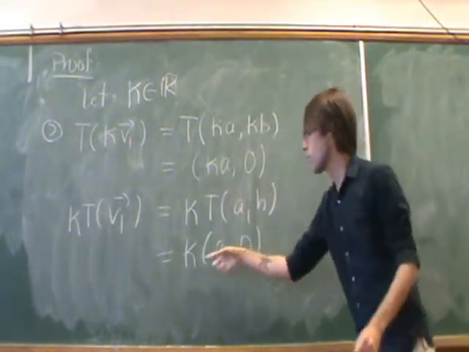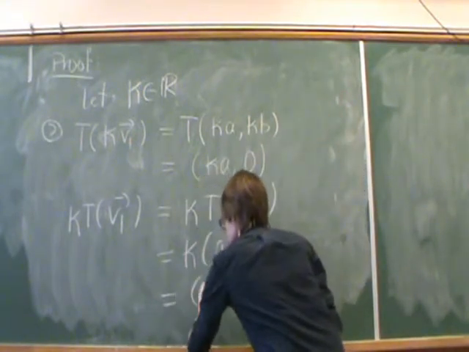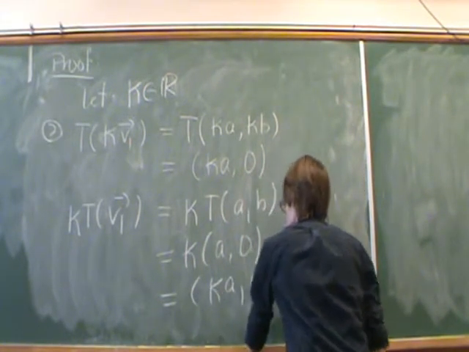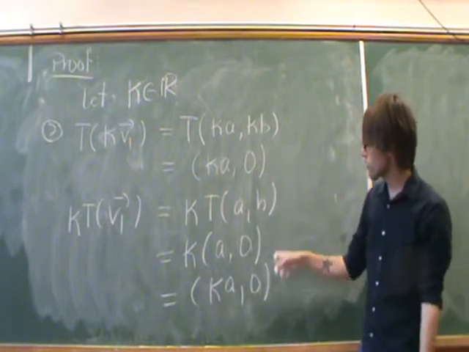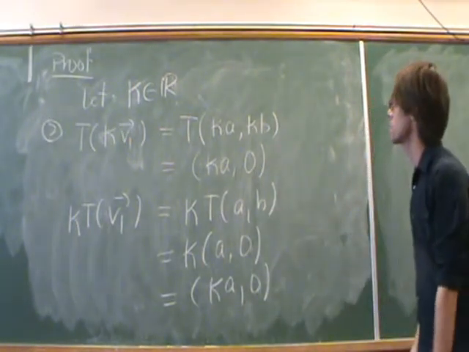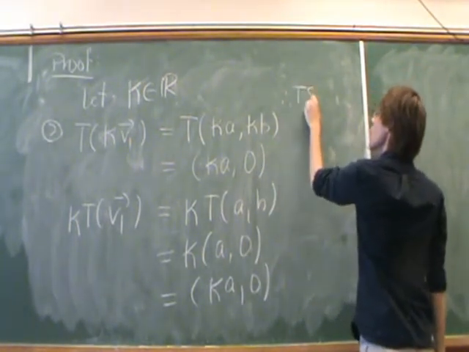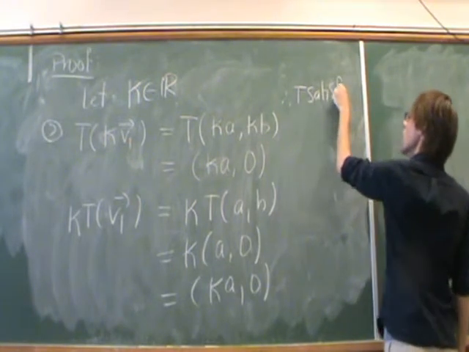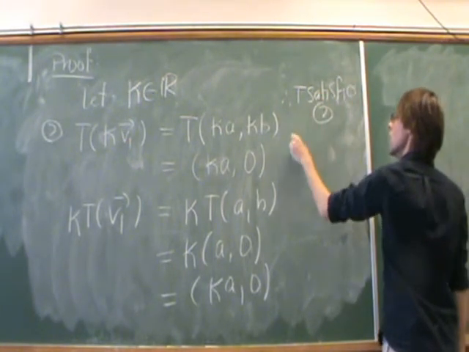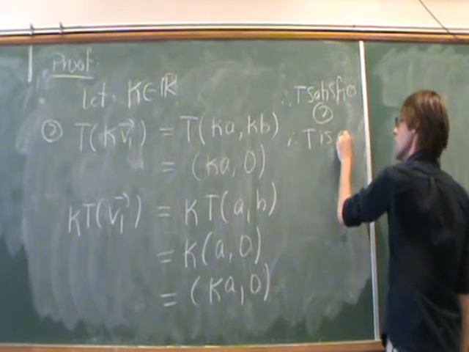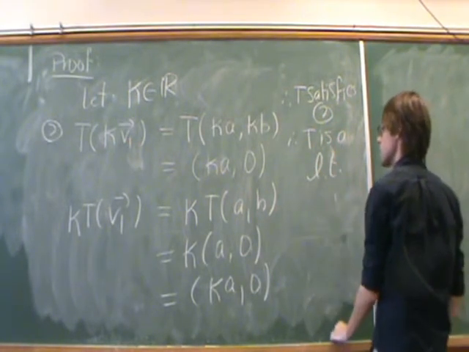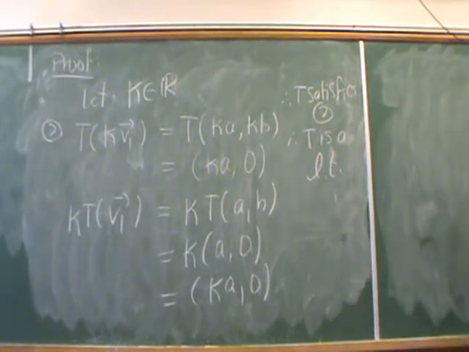And then now we can multiply the k through. So we're going to get (ka, 0). So it is true that T satisfies property number 2. In fact, T will be a linear transformation from R2 to R2.